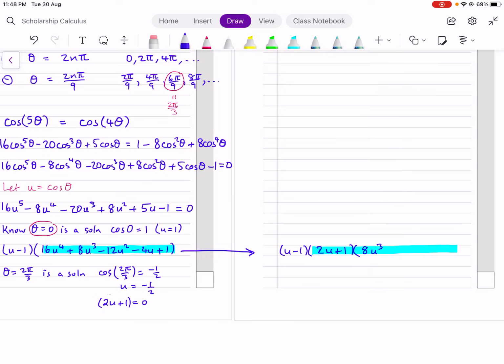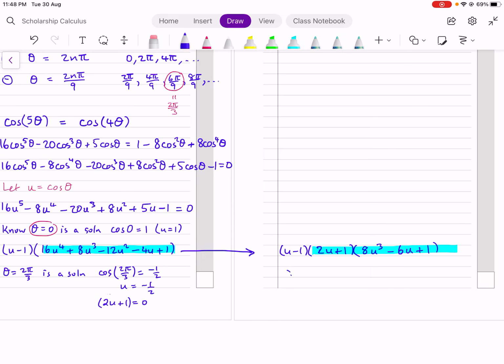I need to make a minus 12u squared, so I've got minus 6u. So what have I made so far? I've made 16u to the 4 plus 8u cubed minus 12u squared minus 6u. I need to add 1 there because that will add 2u, and it also gives the plus 1, so that works as well. So that's the factorization, and that is the polynomial we're looking for.